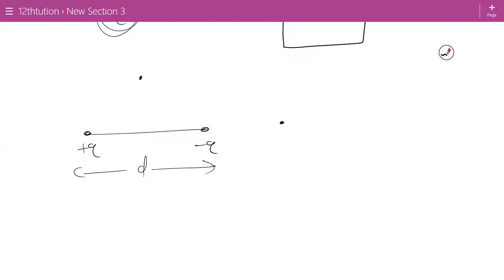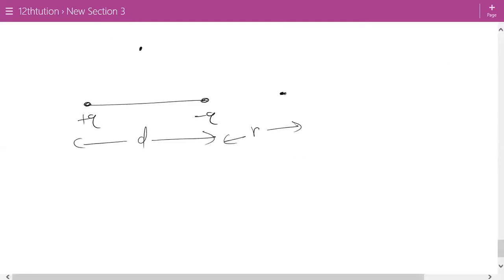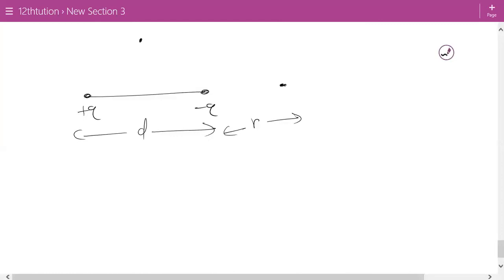But you can calculate the force, right? I told you the formula, and I also explained how to calculate force at some point. For example, say that at R distance away you want to calculate the force.